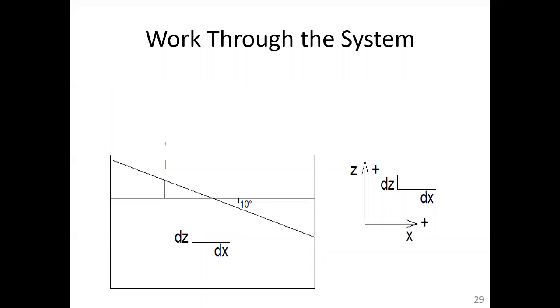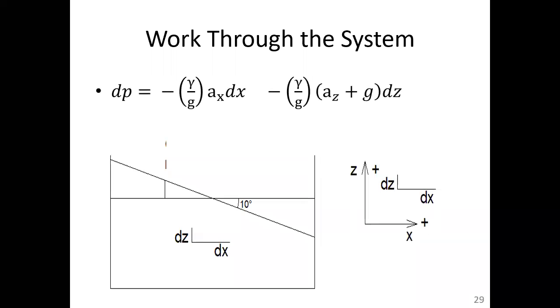So if you wanted to know the pressures throughout the system, this is the pressure equation we developed. The change in pressure going from one point to another is affected by movement in the x direction and movement in the z direction.